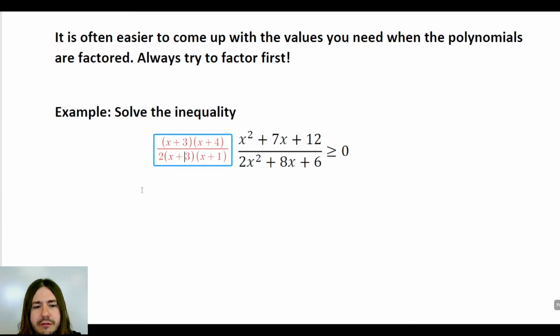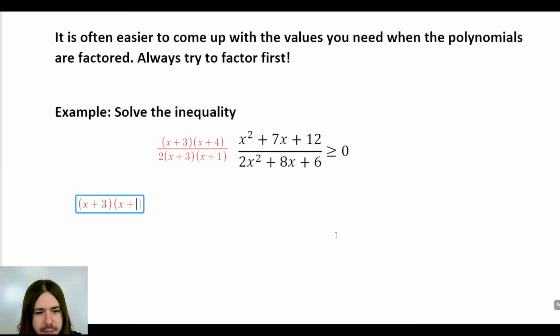Just leave it the way it is. We'll solve both of these equal to 0. And we'll just know that this -3 that we're going to get is actually going to be a place where it's undefined, not where it's 0. So normally, the way you would set this up is you'd say x plus 3 equals 0, or x plus 4 equals 0.